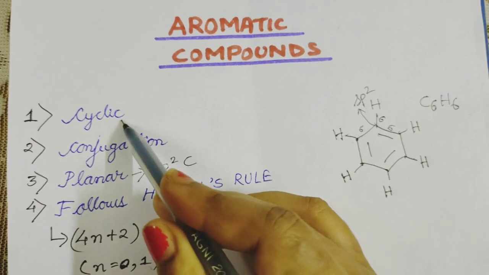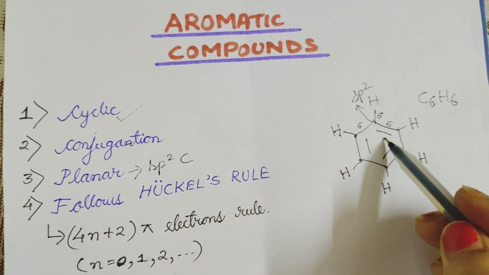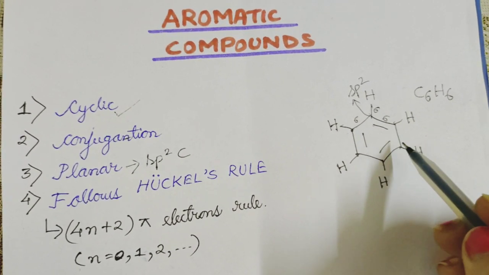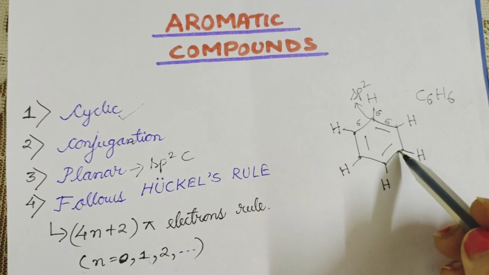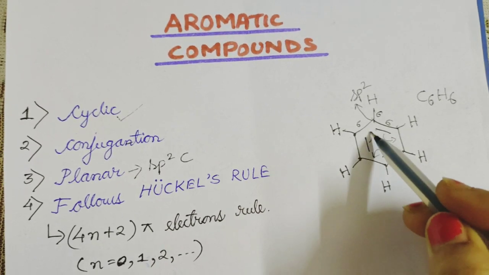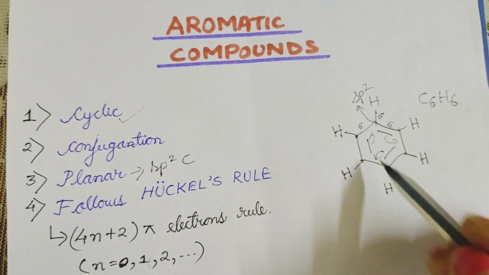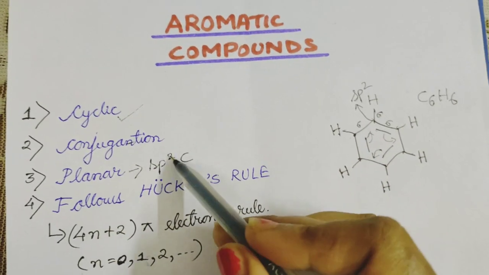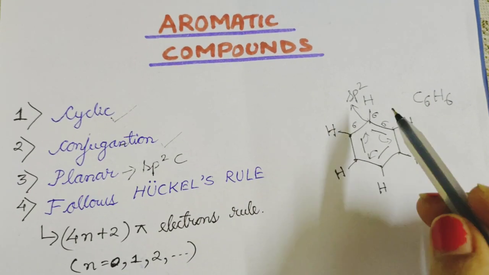So this is a cyclic molecule. First criteria is met. Then the second criteria is conjugation. See, this carbon is bonded to this carbon, both are sp2 hybridized carbons, and there is conjugation. The pi bonds are resonating with the other carbons. There is a conjugation of pi bonds. So the second criteria is also met. The third criteria, that is planarity.